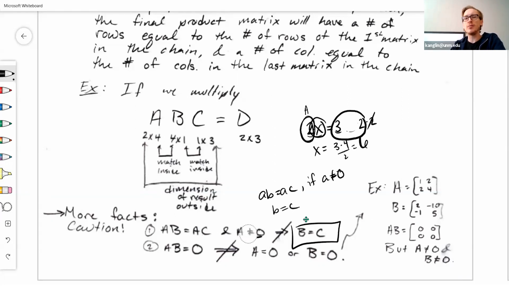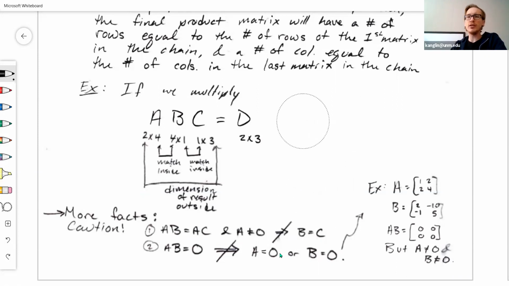That same setup, AB equals AC and A is not 0, does not imply that B equals C. So you can't think of matrices as objects that you can just divide off so long as they're not 0. It turns out what we need is something more powerful called being non-singular.